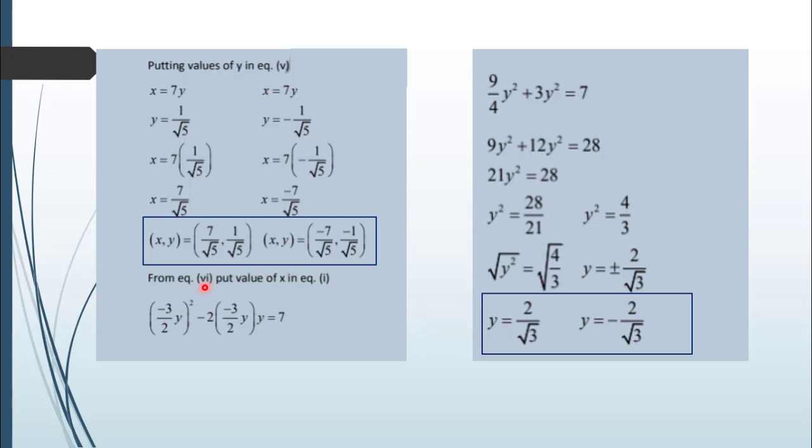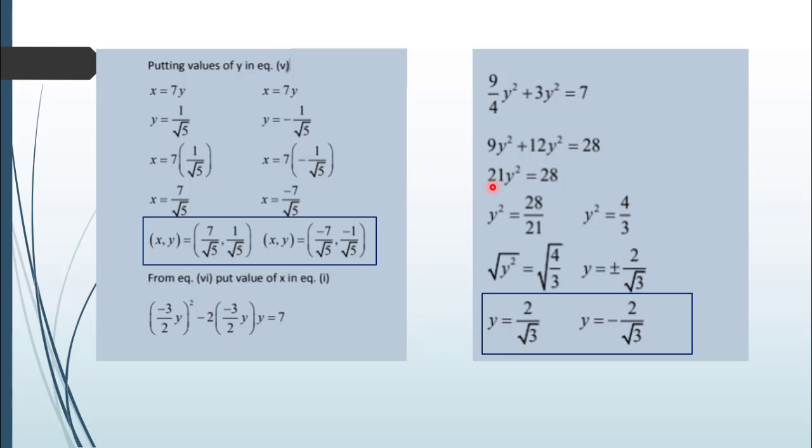From equation 6, we put the value of x in equation 1: minus 3 over 2 y the whole square minus 2 times minus 3 over 2 y times y is equal to 7. Solving it, we get 9 over 4 y square plus 3y square is equal to 7. Simplifying it, we get 9y square plus 12y square is equal to 28.